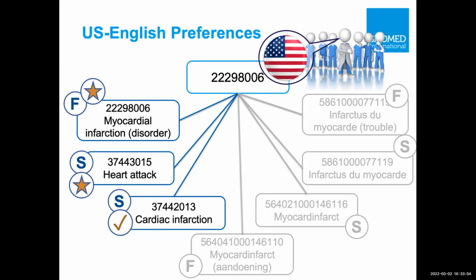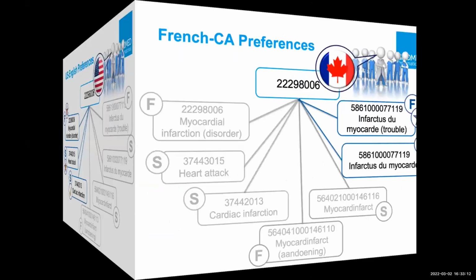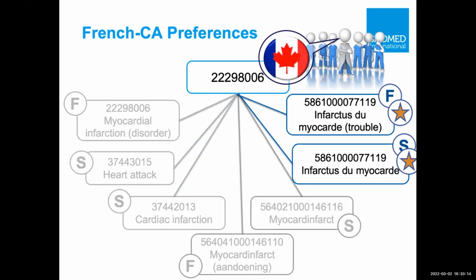This slide illustrates how descriptions may be marked preferred or acceptable in one language, whereas this slide illustrates how other descriptions describing the same SNOMED CT concept may be marked preferred or acceptable in another language.